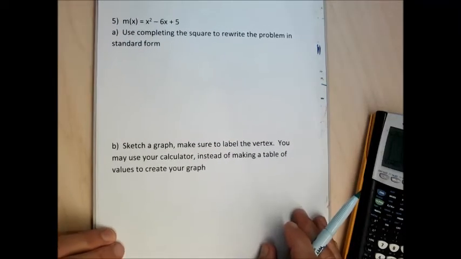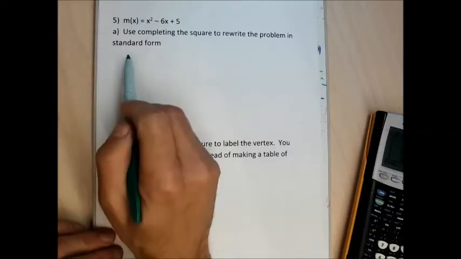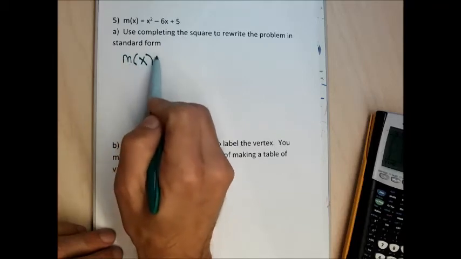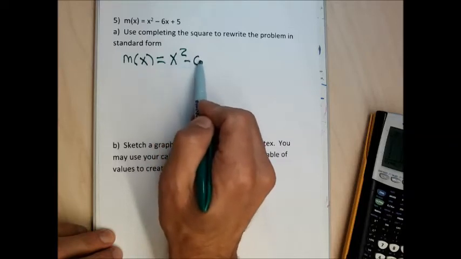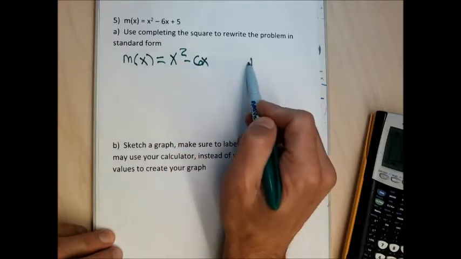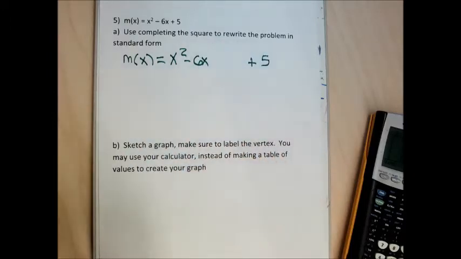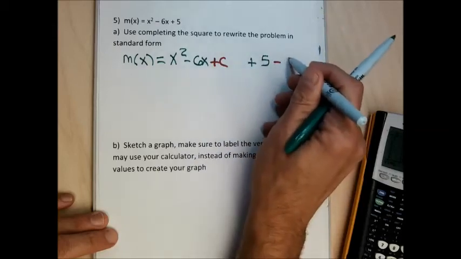Problem 5 gives me a function that's not written in a very nice form, and it wants me to use completing the square to write it in standard form. This function, x squared minus 6x plus 5, is going to graph to be a parabola. And what I'm going to do is rewrite it in standard form by simultaneously, on the left-hand side, adding and subtracting the same number c.